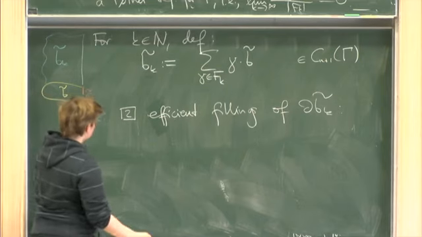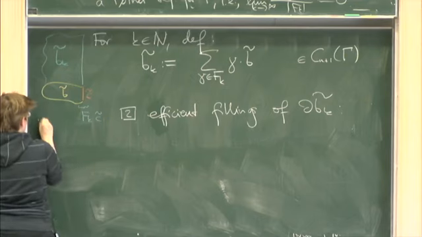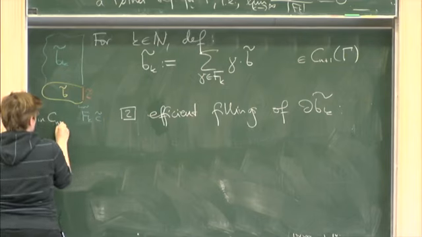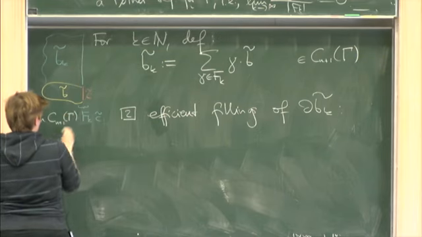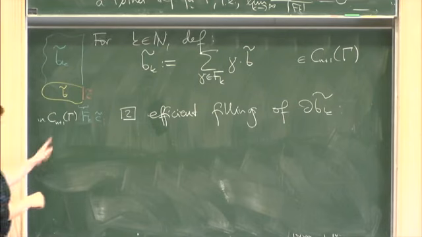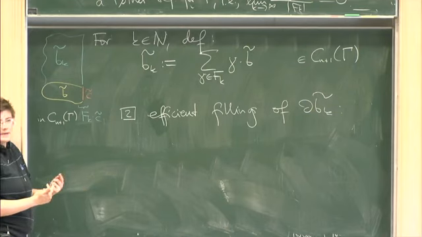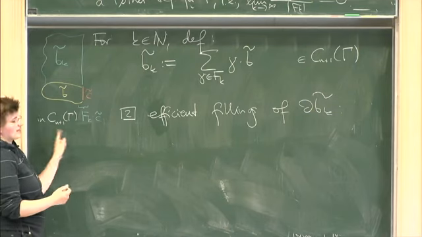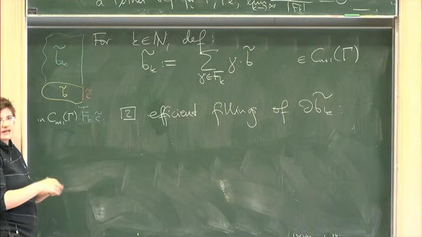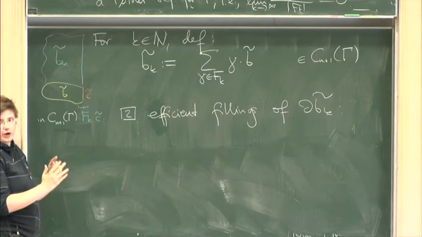Okay, so all of this happens in C_{n+1} of gamma or C_n of gamma, whatever you want. So this is contractible, right? Whenever I have a cycle, I can fill it. But this is a special chain complex. I mean, this is the simplicial resolution. So we know that we can fill very cheaply just by coning off.